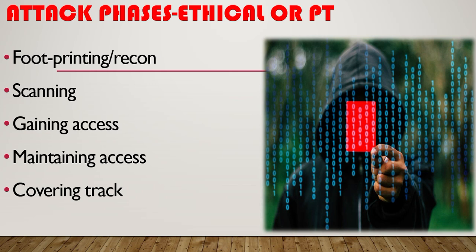The third phase is gaining access. In this phase, the attacker will design the blueprint of the target with the help of the data collected from footprinting, or reconnaissance, and the second phase, scanning. With that information, the attacker will directly try to gain access into the target system.